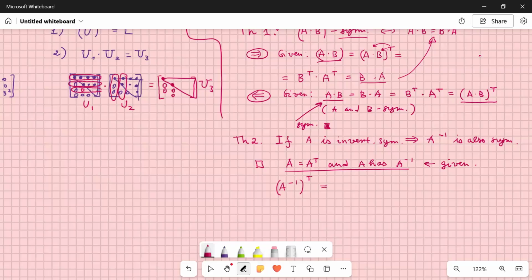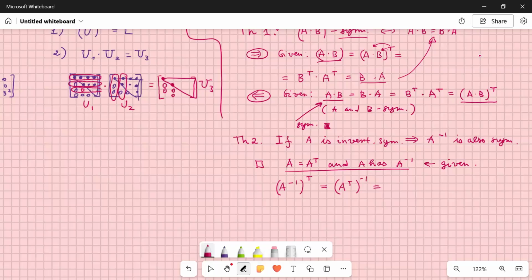I know that by one of the theorems we had when transpose matrices were introduced, I can switch inverse and transpose over here. So I'm going to write down A transpose and over here inverse. We can switch transpose and inverse.